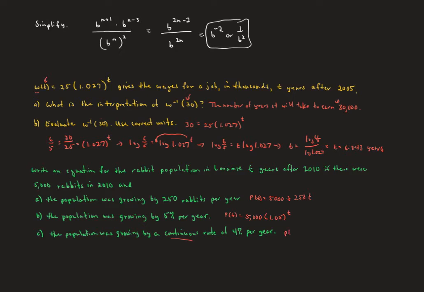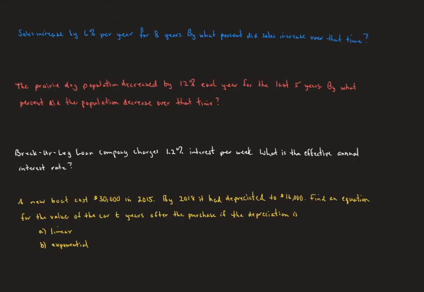That means we're going to use Euler's number e. So it's still going to be 5,000 for the initial value. And now we're going to have e raised to the, and the r becomes 0.04 t. Excuse me. Let's go to the next panel.